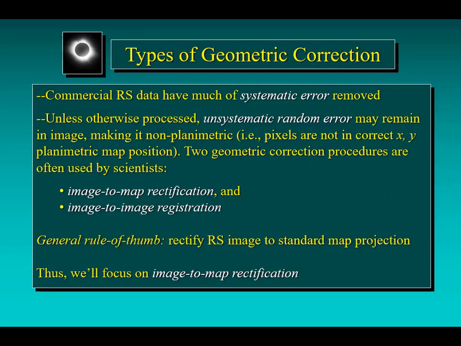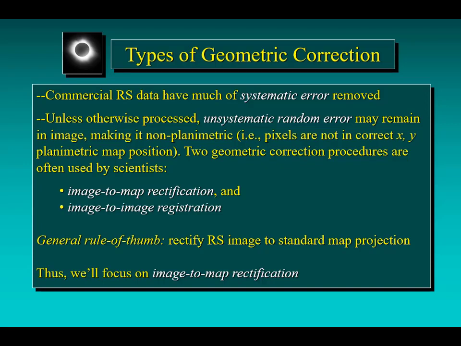Next, I will discuss the major types of geometric rectification. Keep in mind that if we have commercial remote sensing image data, or even some free government remote sensing data, depending on the level of processing that has been performed, oftentimes a lot of the systematic or predictable types of geometric errors have already been removed.